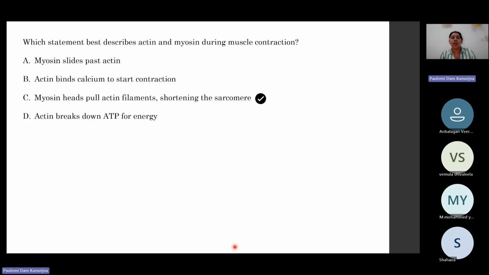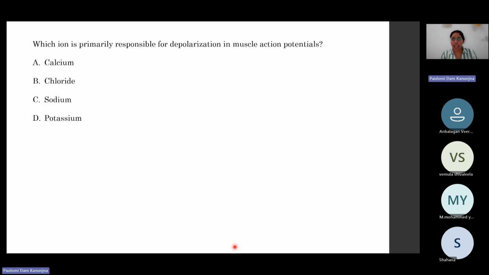Okay. Now, we already did calcium, which is about troponin. Here, which ion is primarily responsible for depolarization in muscle action potential? This is something that is generally discussed as well. If you have a muscle contraction, which of these has more role in depolarization?